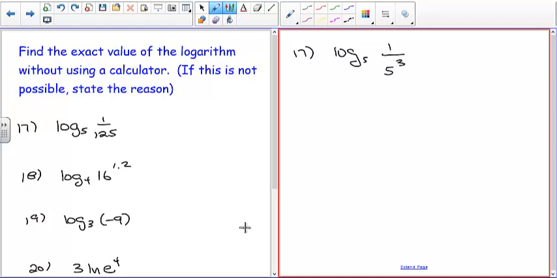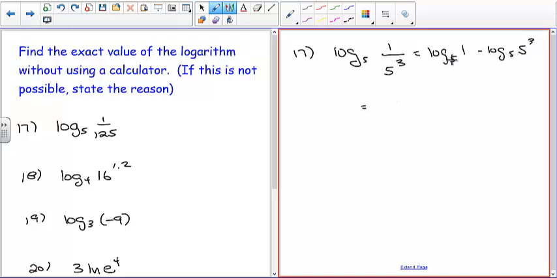So if I rewrite 125 as 5 cubed, what that allows me to do is use the quotient rule here, and that would be log base 5 of 1, that's the numerator, minus log base 5 of 5 cubed. So this is the numerator, this is the denominator. You subtract the denominator.